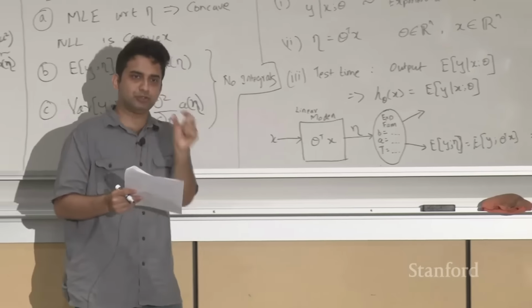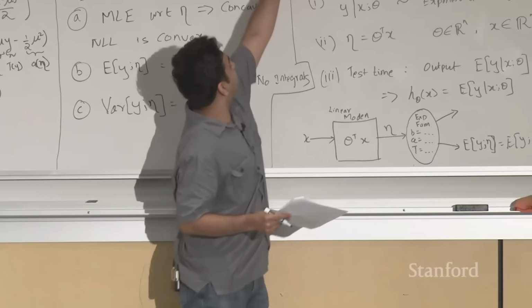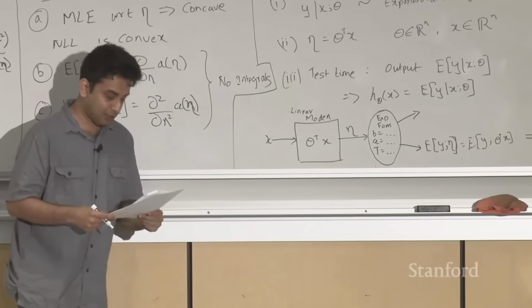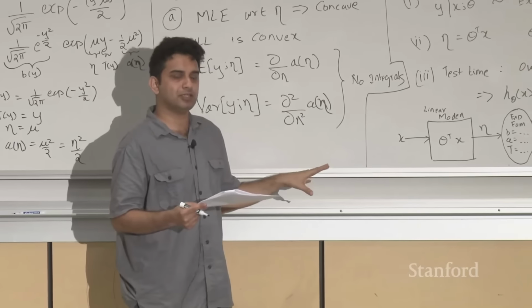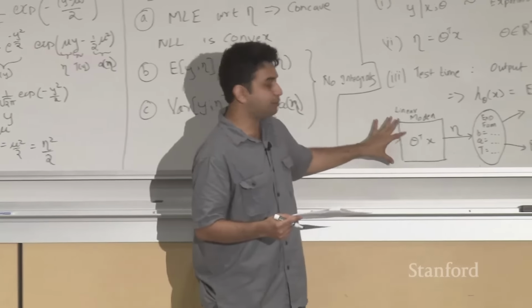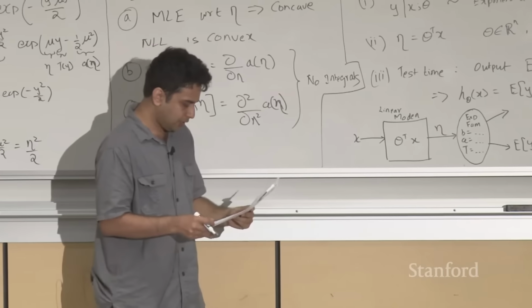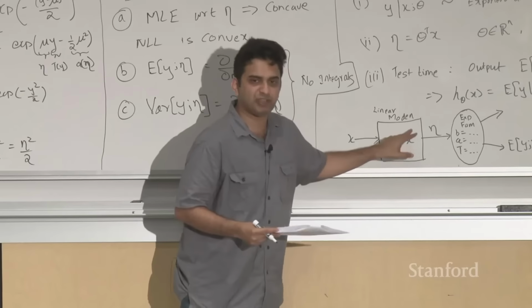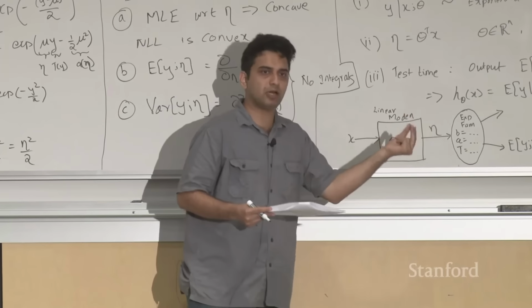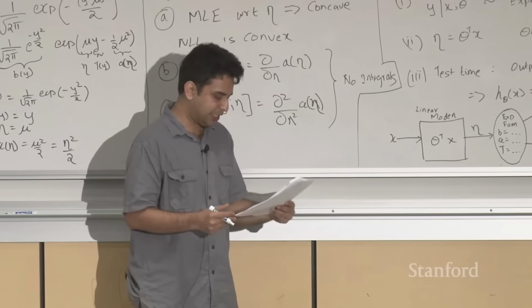It's unfortunate that we use the word parameter for this and that, but it's important to understand what is being learned during the training phase and what's not. This parameter is the output of a function. It's not a variable that we do gradient descent on.